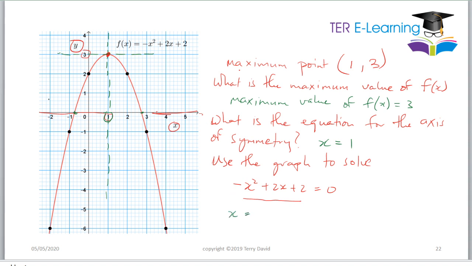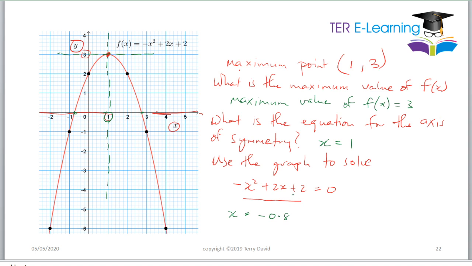So let's look at the first solution. The first solution is across here, right? Now you all need to be able to read this off. From this point to this point, that is 0 to -1, which means every marker represents 0.2. So x is equal to minus 0.8.